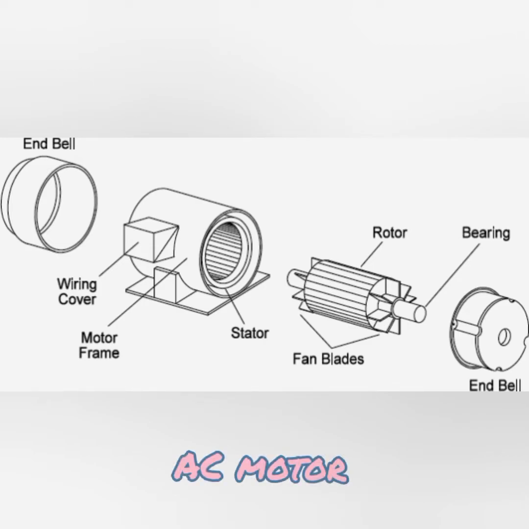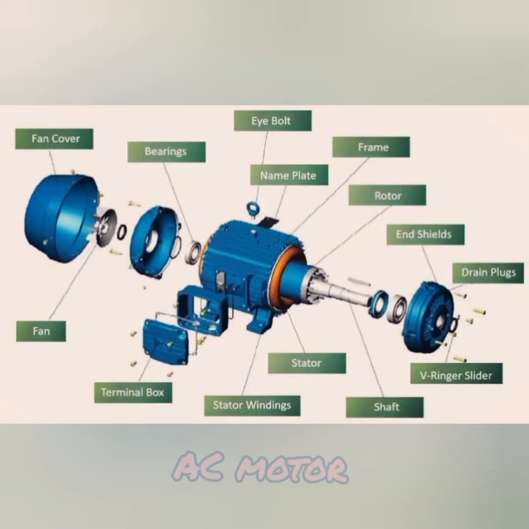Then the rotor has the rotating parts and fan blades in order to reduce the heat of these rotating parts. Then the bearing is connected with the external equipment for the rotations. And last are the covers, which means the end shields.